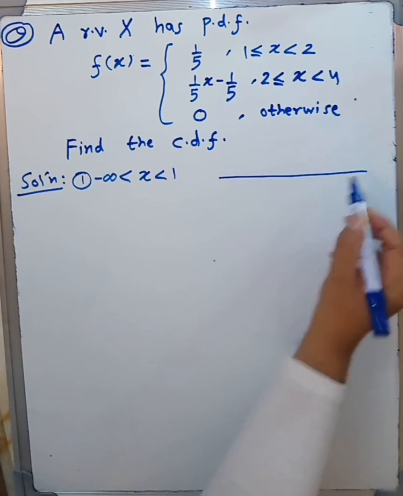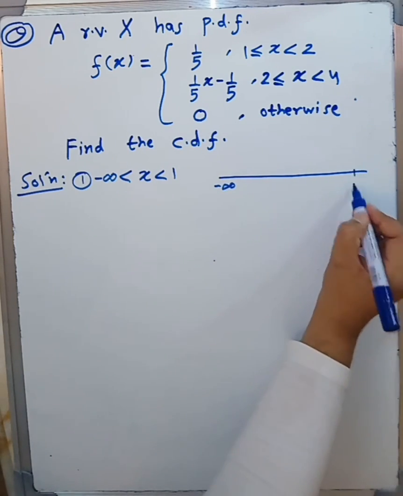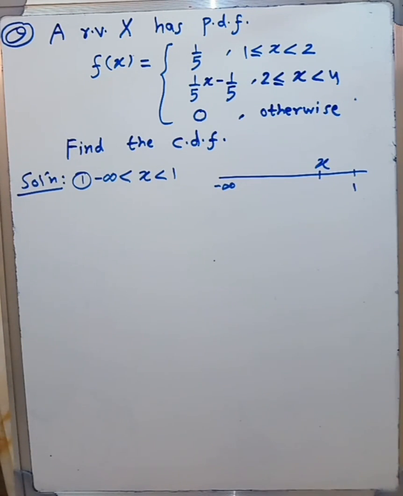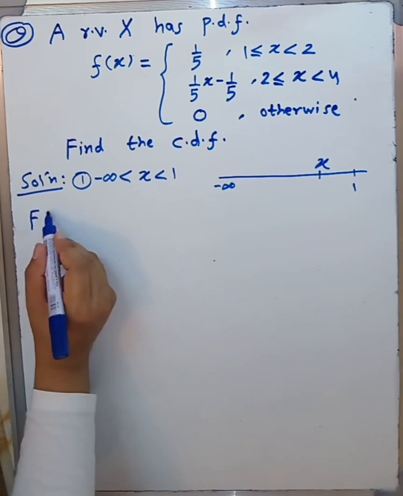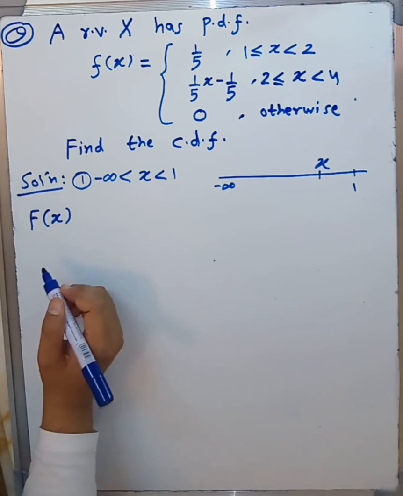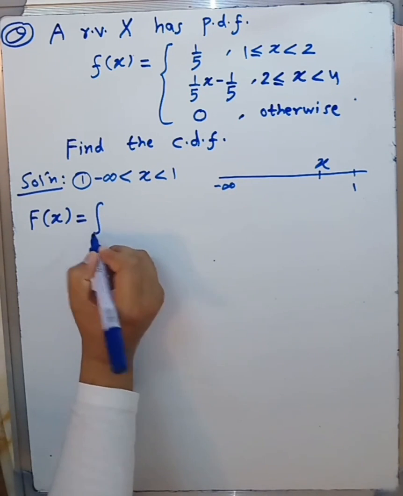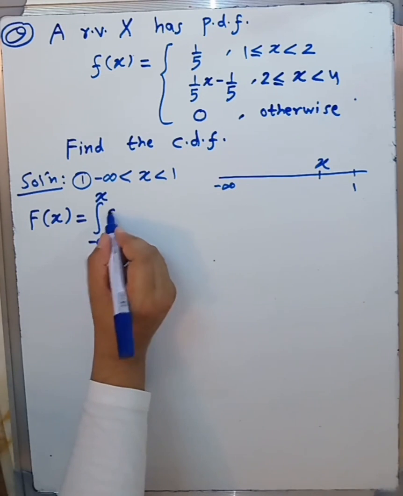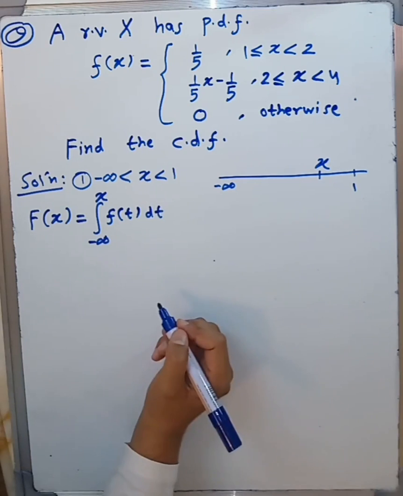If I see the number line, minus infinity, 1, x is somewhere in between minus infinity and 1. Using the definition of CDF, capital F(x) will be the integral from minus infinity to x of f(t) dt.